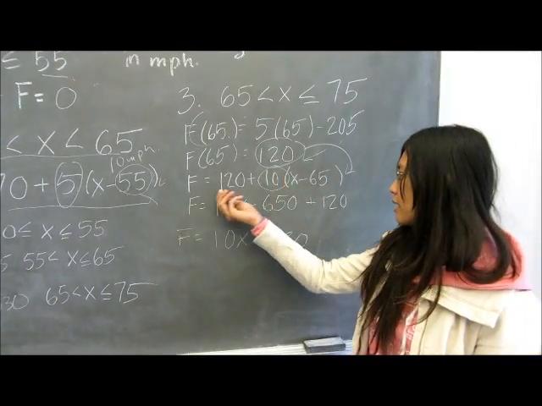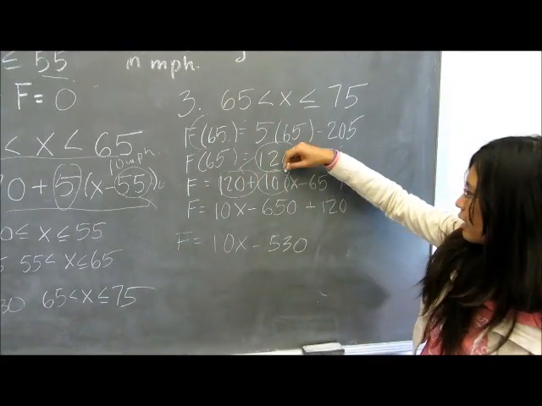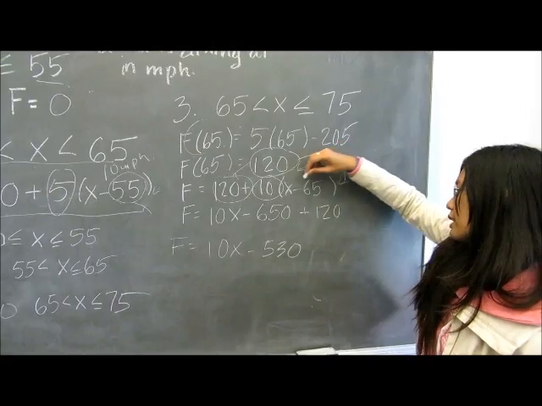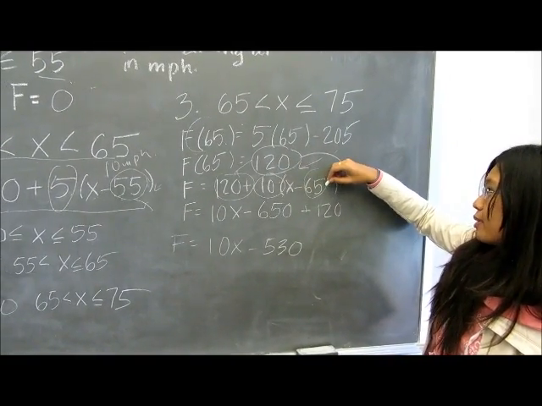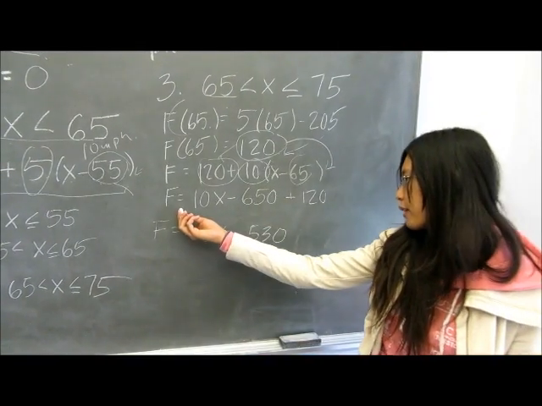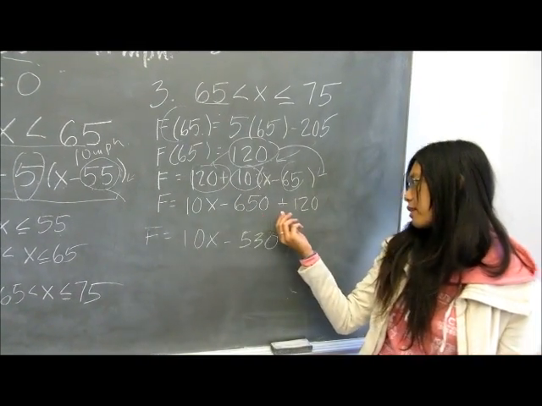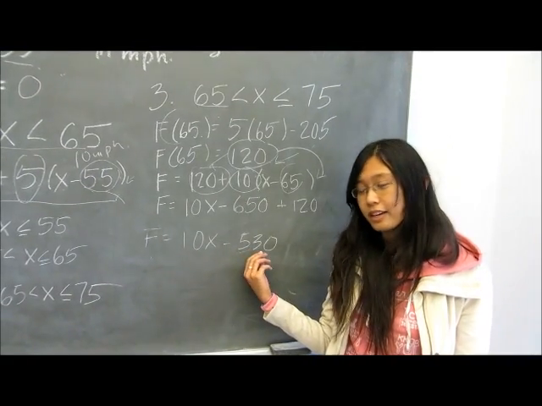So this 120, put it in here, plus $10 times x minus 65, which is the speed limit of this one right here. So the fine will be equal to 10x minus 650 plus 120, which equals fine equals 10x minus 530.